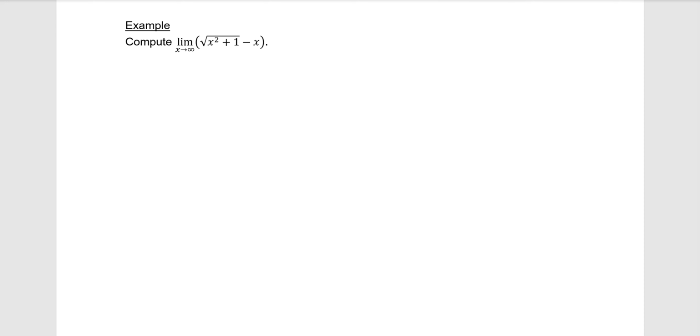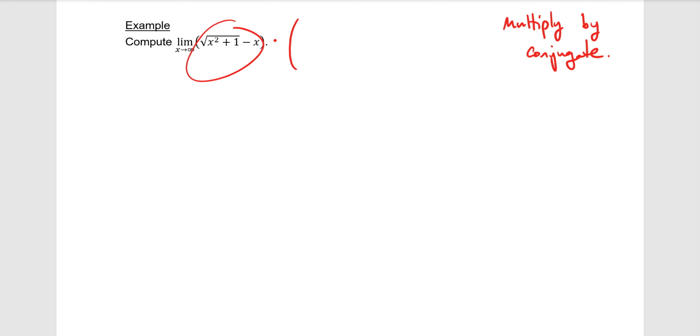So what we're going to do is actually rewrite this in a way where we can use the rule that we just learned. And that's going to be multiply by the conjugate. So the conjugate of the square root of x squared plus 1 minus x is the square root of x squared plus 1 plus x. Remember, conjugates, same two terms, one's addition, one is subtraction.